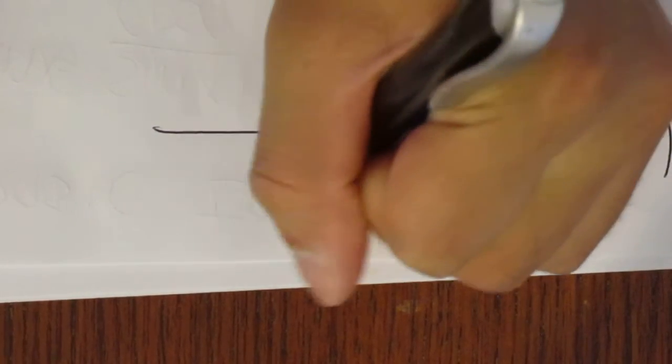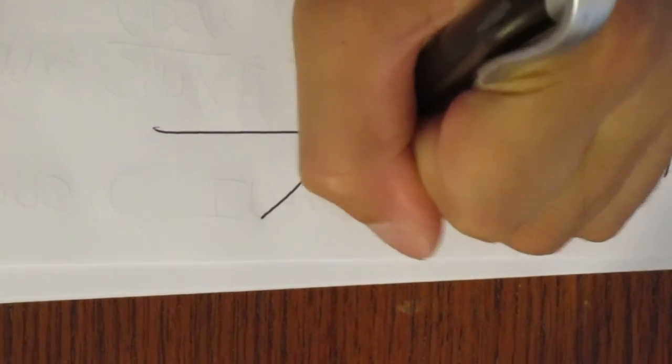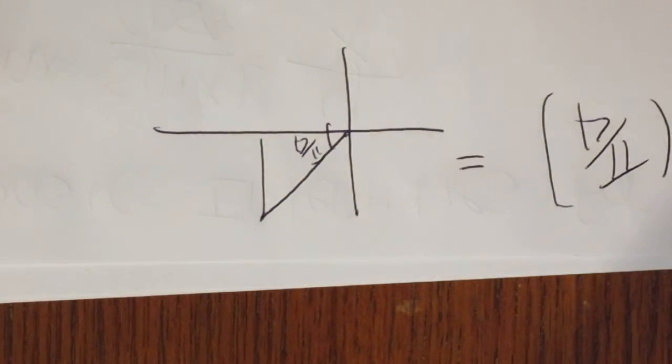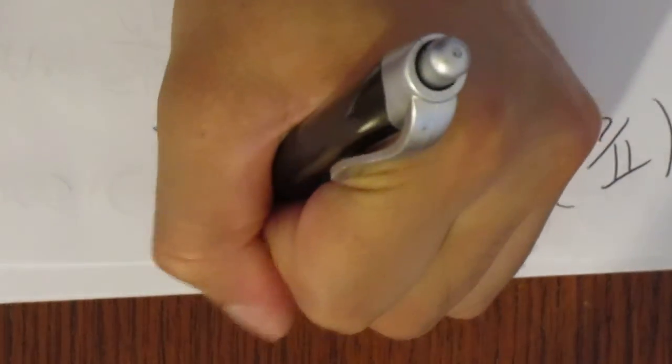So we need to know what is the tangent of pi over 4. Remember our graph, pi over 4 is right here, and it has a sine of square root 2 over 2 and a cosine of square root 2 over 2.